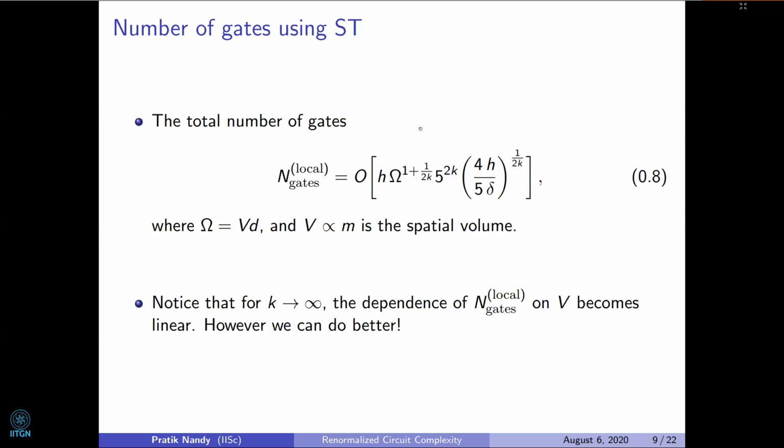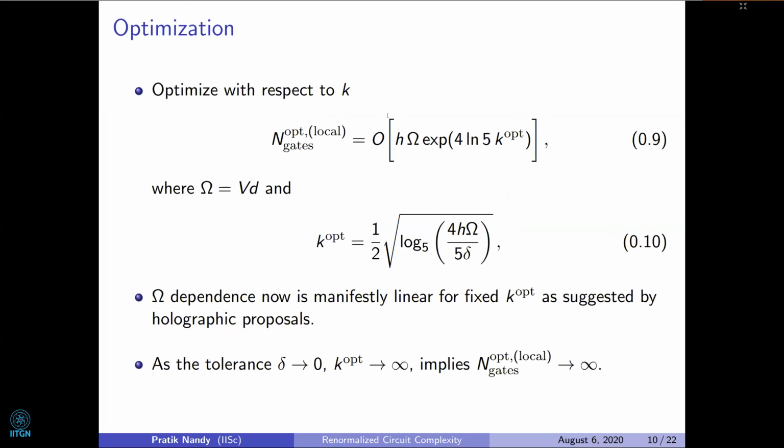To remind us, Preskill also got a similar kind of formula, but he used a different exponential rather than 5 to the power 2k. But Preskill also got this 1 plus 1 over 2k formula. The optimization actually comes from Barry's paper, where they optimize with respect to k, and then the total number of gates is a linear function of the spatial volume, if we think of this k optimal as an independent variable.